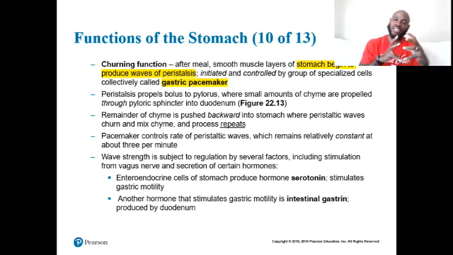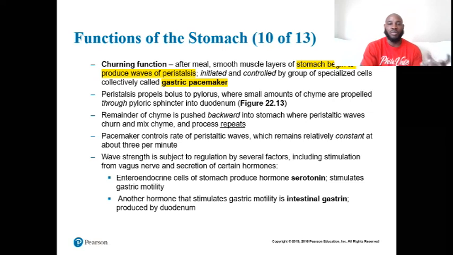And this is another thing that is kind of cool to maybe watch a video on to see how the three smooth muscle layers of the stomach can churn and create this, we go from this bolus to this chyme. And this peristalsis pushes the bolus to the pylorus, to the end of the stomach, eventually to the pyloric sphincter and the duodenum, the first part of the intestines.